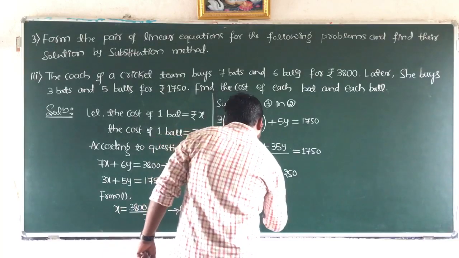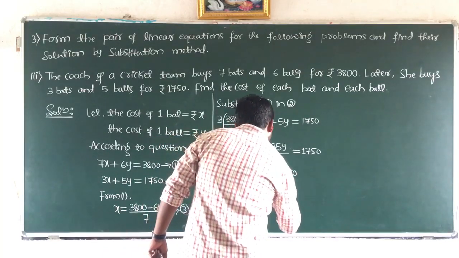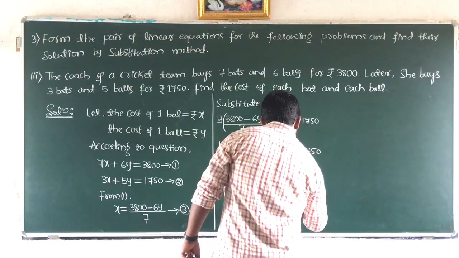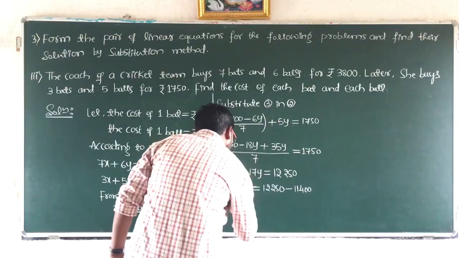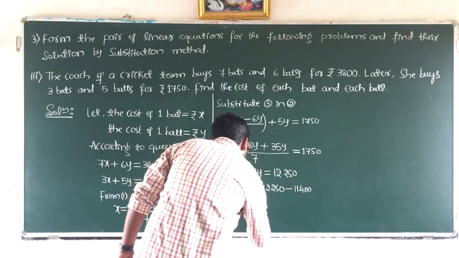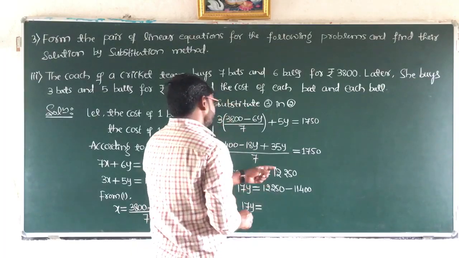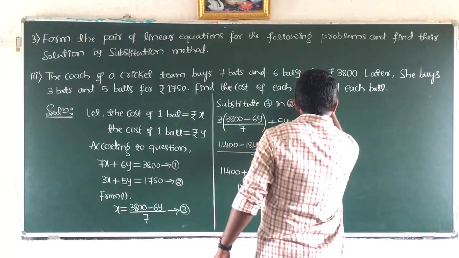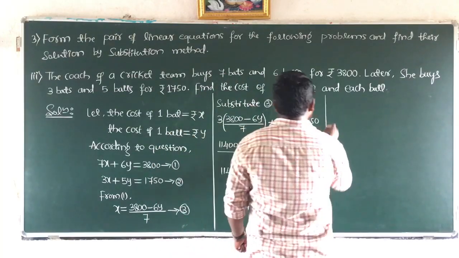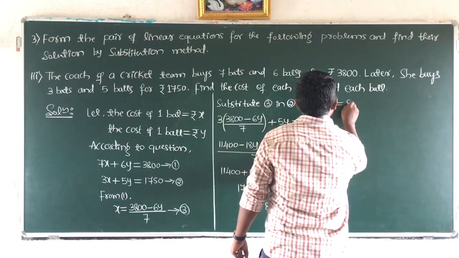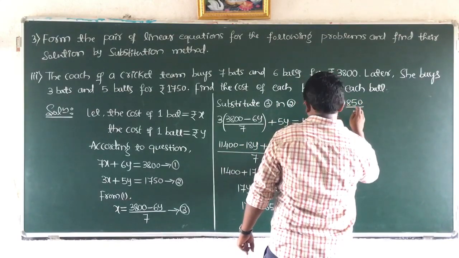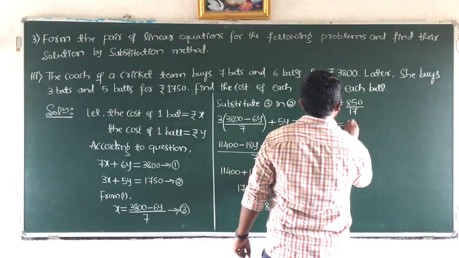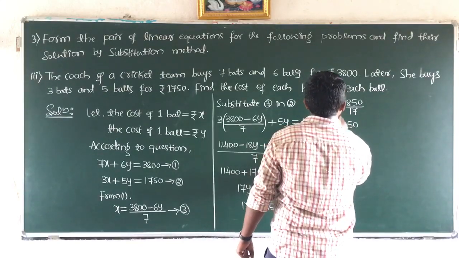So it is 12,250 minus 11,400. 17y, which is equals to, so we get 850. So now y, which is equals to 850 divided by 17. So y, which is equals to 50. So this is the value of y.